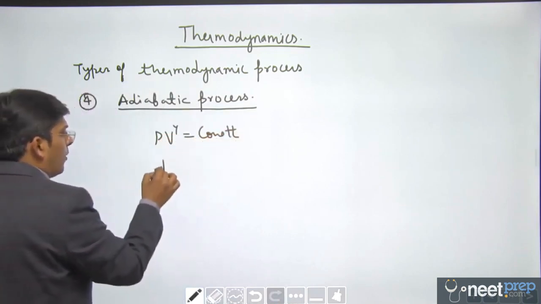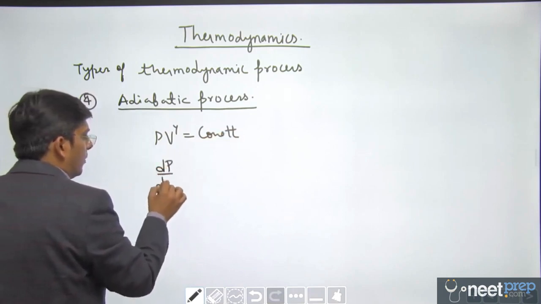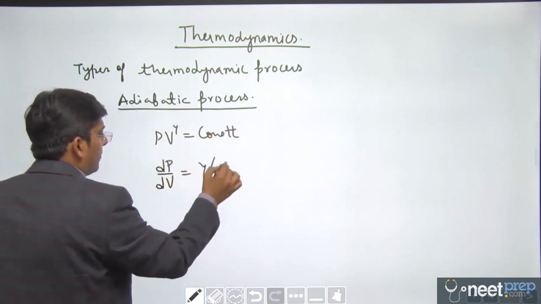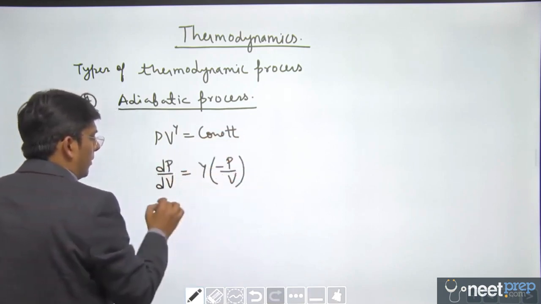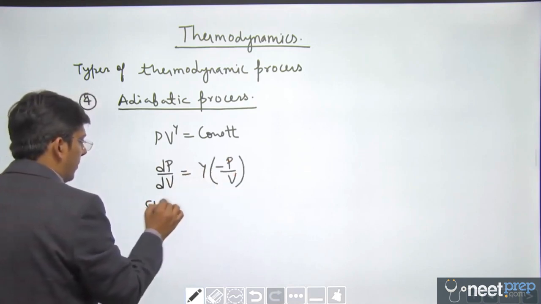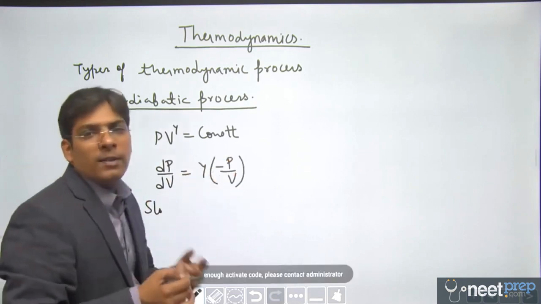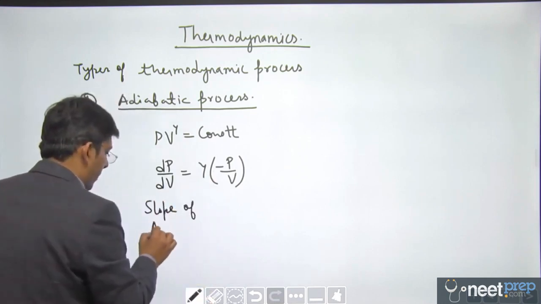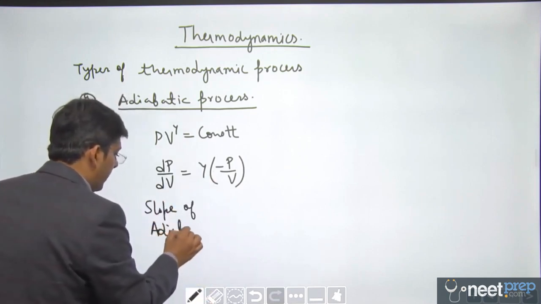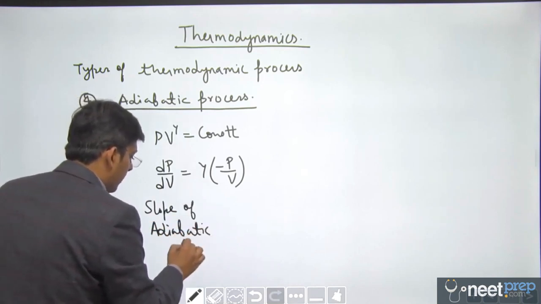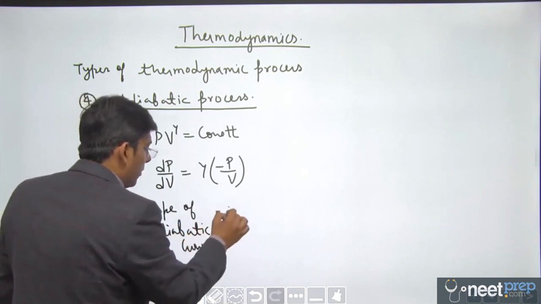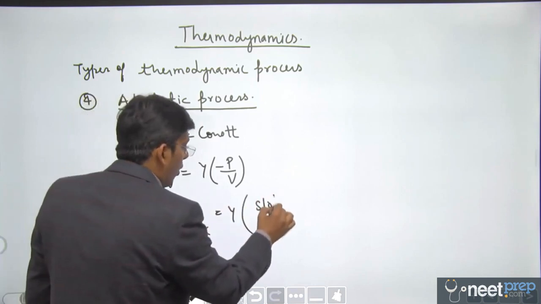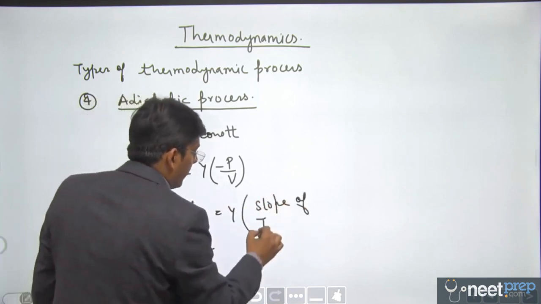The slope of this adiabatic curve is gamma times minus P by V. Minus P by V was actually the slope of the isothermal curve. So slope of adiabatic curve is equal to gamma times slope of isothermal curve, right dear students?